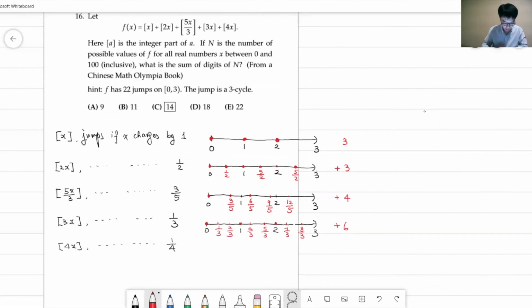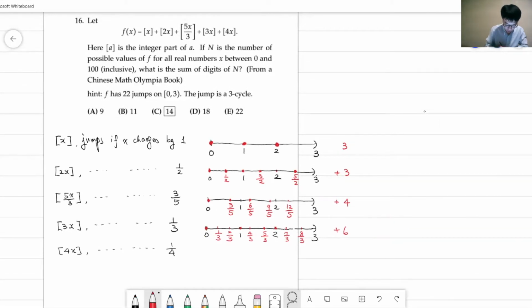Okay. And then we will consider 1/4. So 0, of course, is old, and then we have 1/4, which is new, and the 2/4 is just 1/2. It's already counted. So 1 over 2. 3/4 is new, and 1 is already counted. 5 over 4 is already counted.